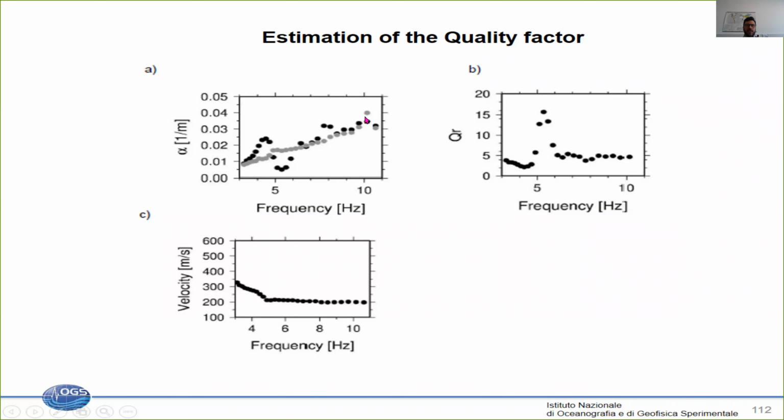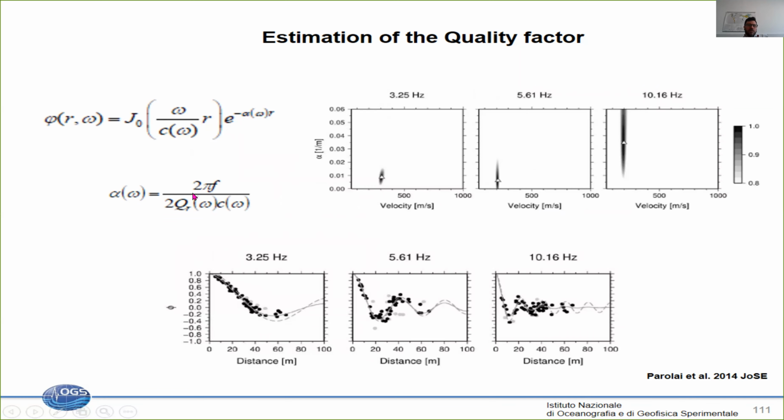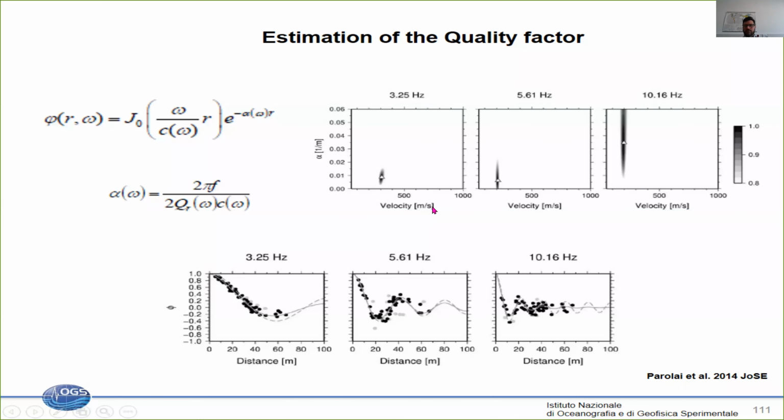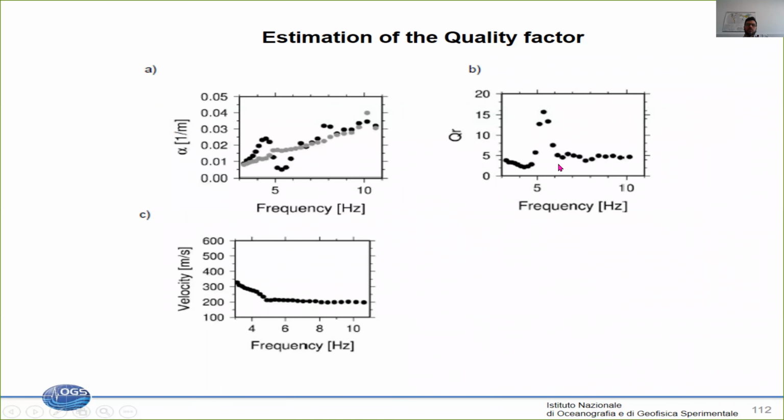We know that this alpha coefficient depends on the frequency and on the velocity, and therefore we can also calculate the quality factor of Rayleigh waves. And this is how it looks. You see that this quality factor, which is relatively low, in this case a little bit above 5, also has quite a strong frequency component.